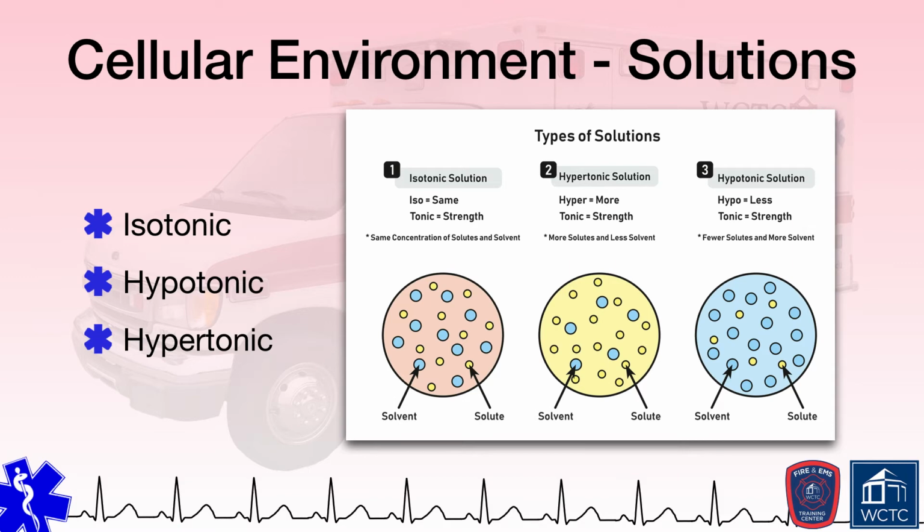If a cell has a greater concentration of sodium within it compared to the extracellular fluid around that cell, the intracellular fluid is hypertonic compared to the extracellular fluid, which is hypotonic. If the concentration of sodium is the same between the intracellular fluid and the extracellular fluid, the two fluids are isotonic in comparison to each other. This terminology will come into play in just a little bit when we discuss cellular transport mechanisms.